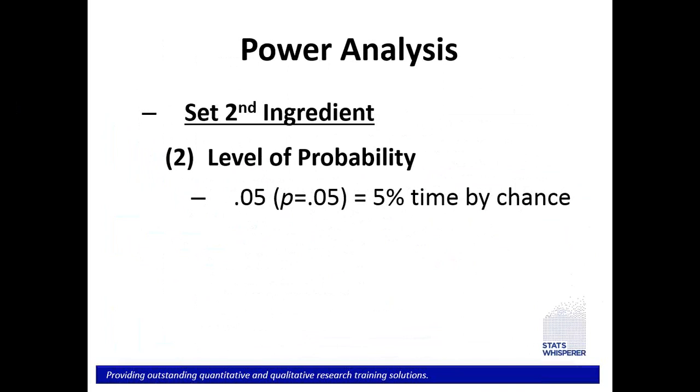So what this level of probability is saying is that 5% of the time the relationship we have through the power analysis will be by chance, just like the 0.05 for the inferential test is by chance. So this is also called setting alpha. The alpha probability as a standard can be set at 0.05, which we will use here for our power analysis.